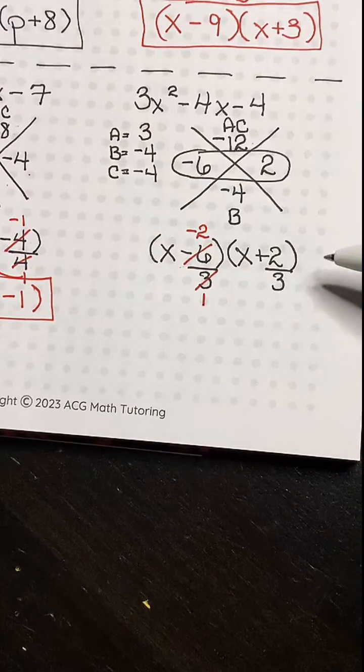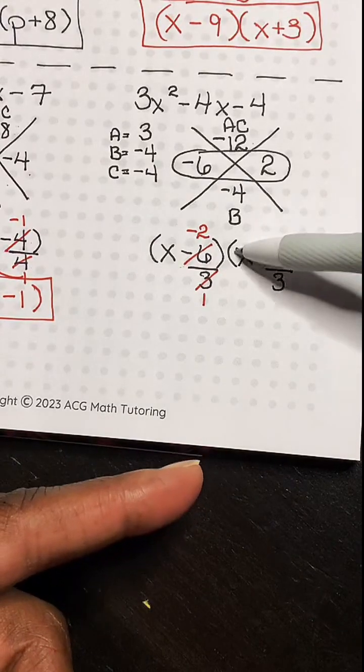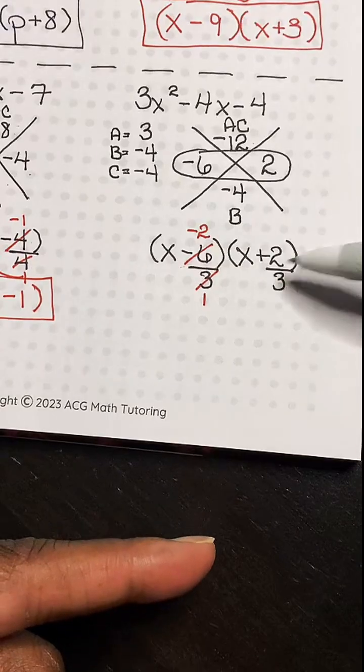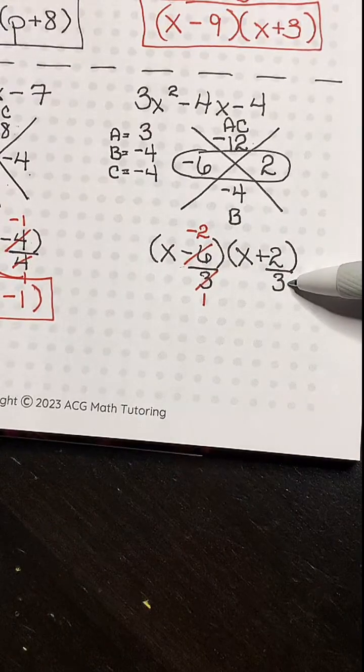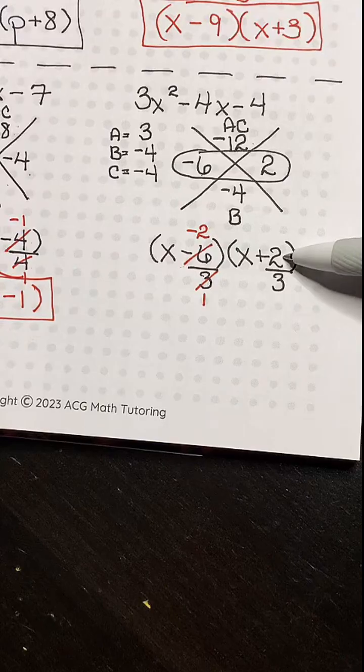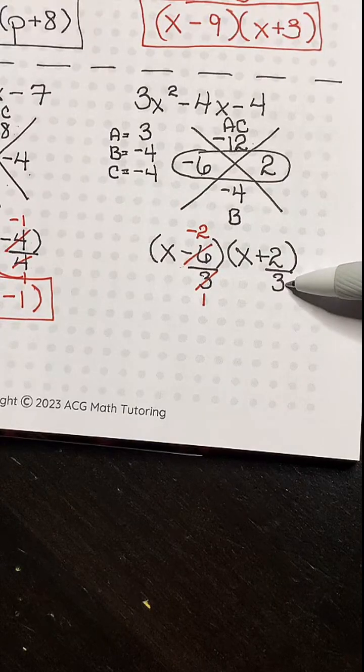Now the second parenthesis, we have 2 over 3. The only thing that 2 and 3 have in common is what? Good, Big Al.